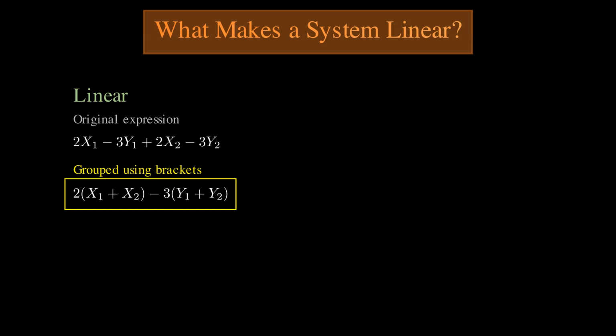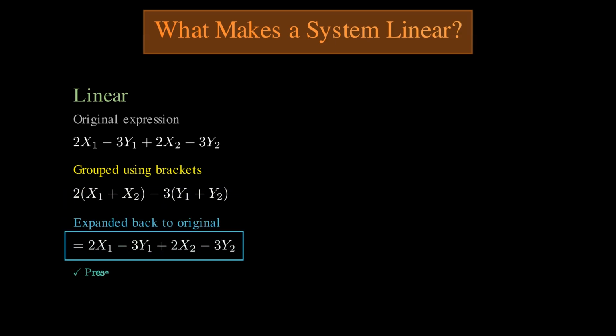One of the key properties of linear systems: if we use these terms as input, the output would be the same as above. We can easily open the brackets and return to the same expression. That's what makes it linear. It's stable, additive, and preserves structure.